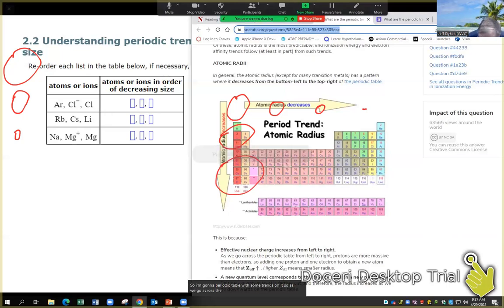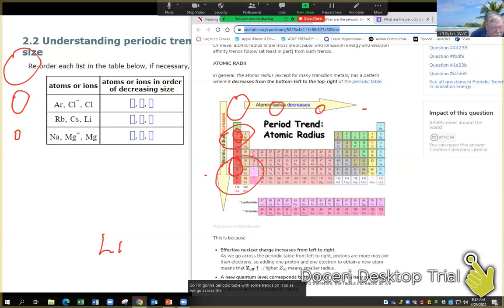So rubidium is right here, cesium is right down there, and lithium is up here. So we're going down a group, so they get larger as we go down. So the lithium is going to be the smallest, and then cesium is the largest, and then rubidium is third.